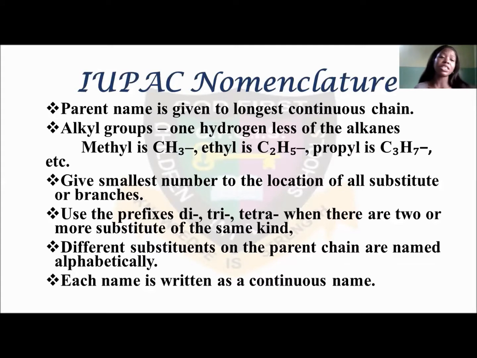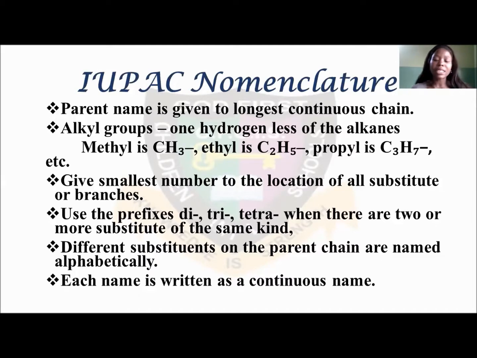Now, another rule is to give the smallest number to the location of all substituents or branches. Then you can use prefixes like di, tri, tetra when there are two or more substituents of the same kind.